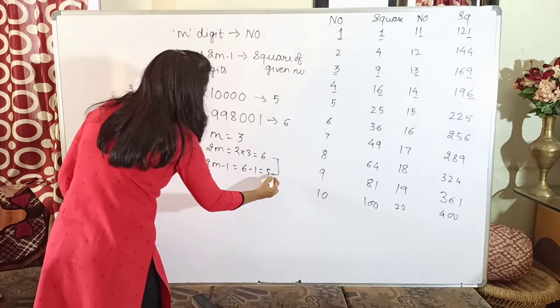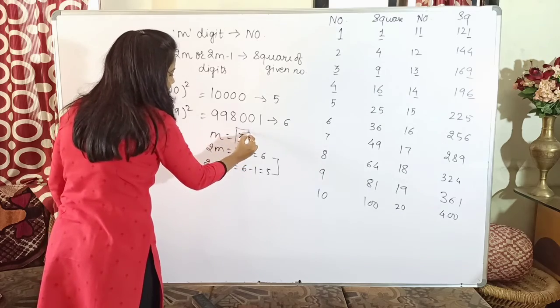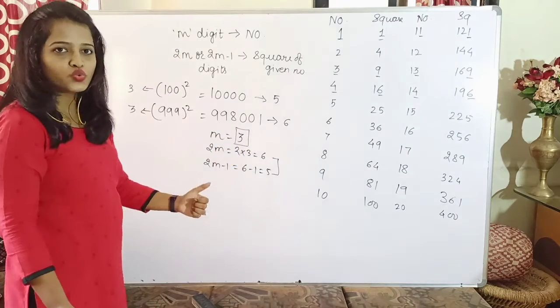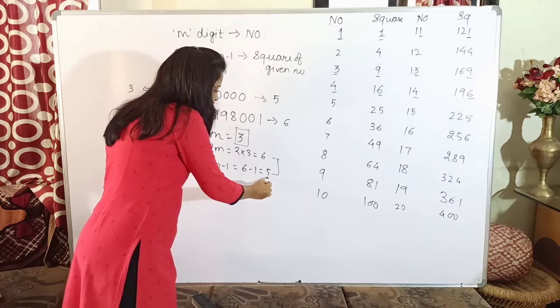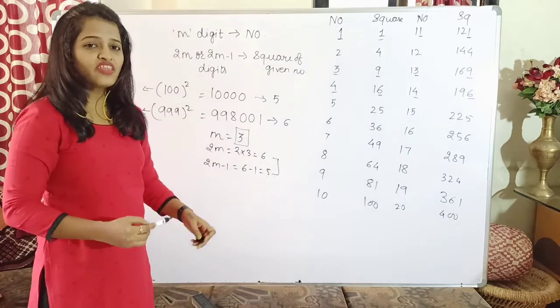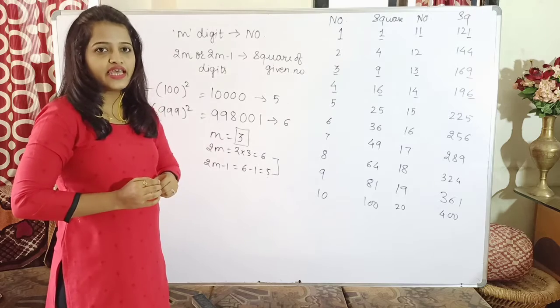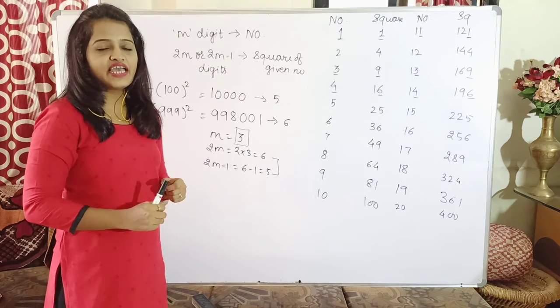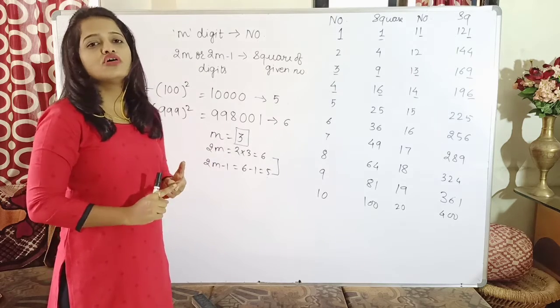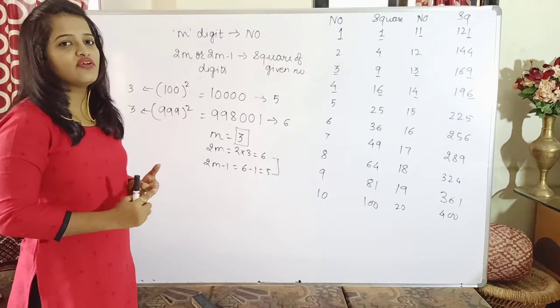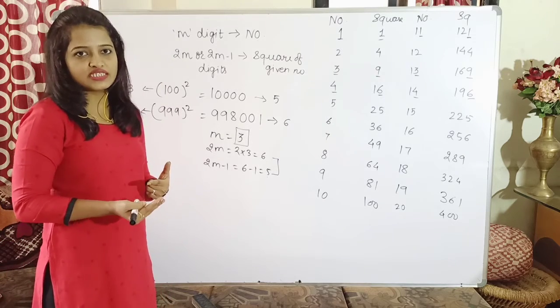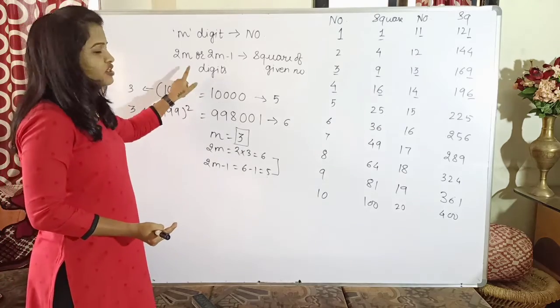This says that if there are 3 digits in the given number, its square will have either 5 digits or 6 digits. Surely you cannot say exactly how many digits it will have, but it will definitely have either 5 or 6 digits; it will not have less than 5 and not more than 6 digits. So this is what the property says.